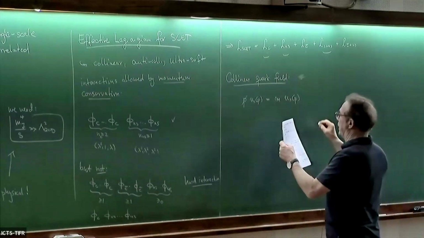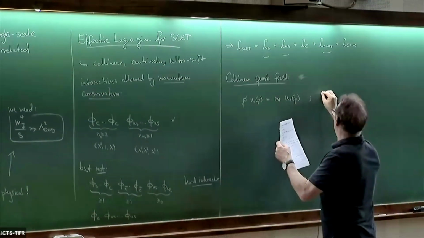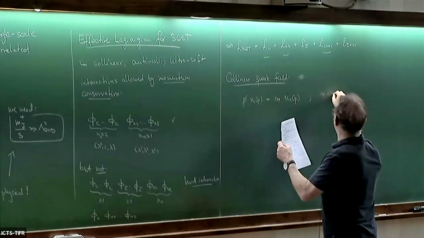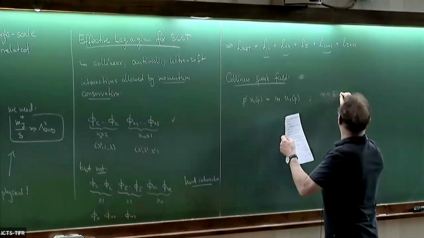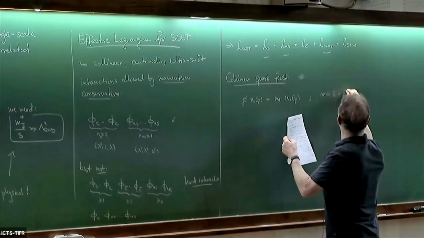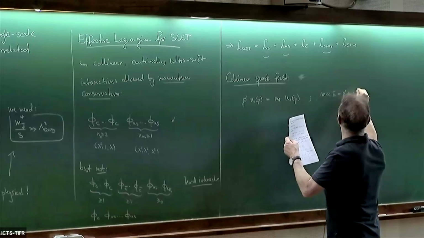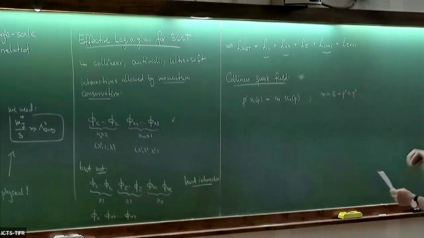But now for a collinear particle, M is much, much less than the energy, which is the zero component of the momentum, which is approximately equal to the three component of the momentum.